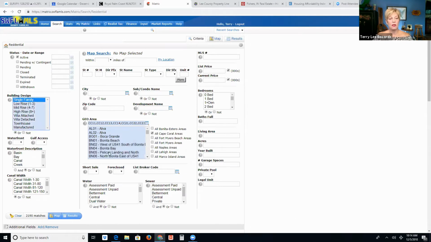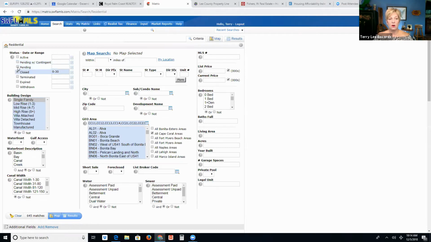Then what I want to know is, in the last 30 days, how many went under contract? I can program my computer to give me how many went pending in the last 30 days. So what's the rate we're selling them? In the last 30 days, 645 went pending or sold.